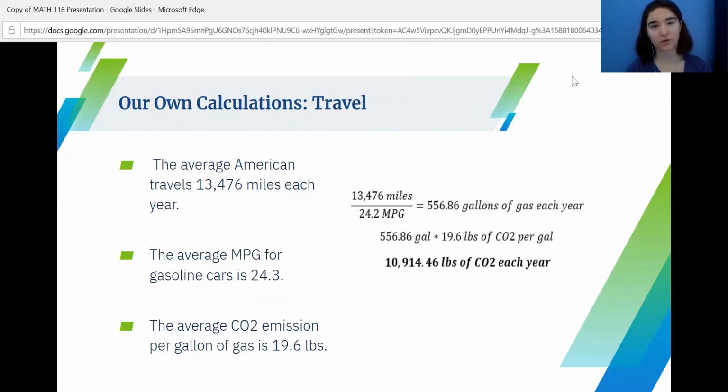For this first category, travel, we took the average distance an American travels each year, and used figures for the average miles per gallon of a typical gasoline car, and the average CO2 emission per gallon of gas. Did some math, as you can see off to the side there, and calculated that driving a car upwards of 13,000 miles each year, with an average miles per gallon, contributed close to 11,000 pounds of CO2 each year.